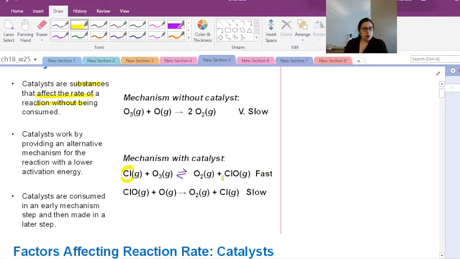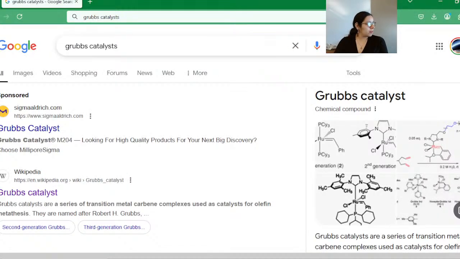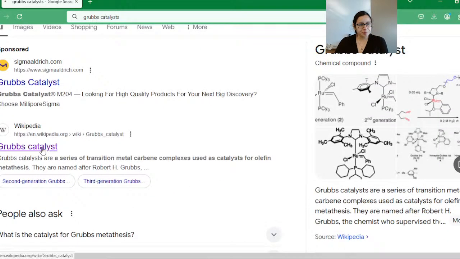That's one example. Obviously, there's all sorts of catalysts, from your catalytic car converter to our famous Grubbs catalyst, which, oh, there's our Grubbs catalyst.